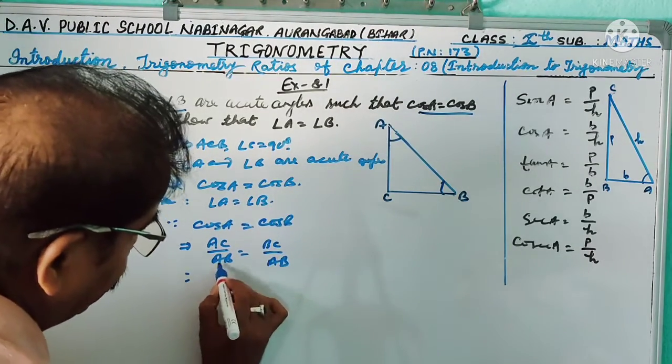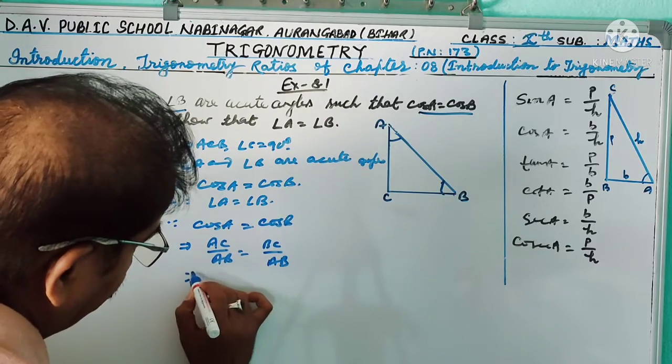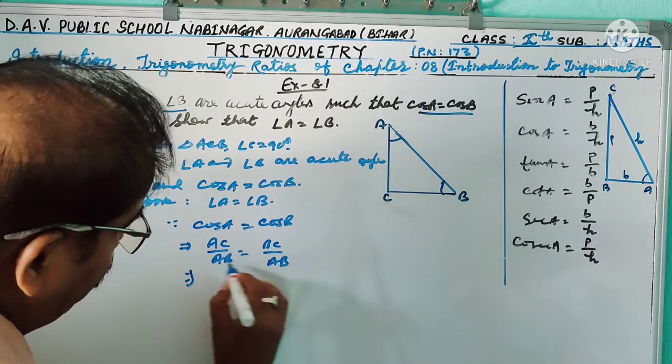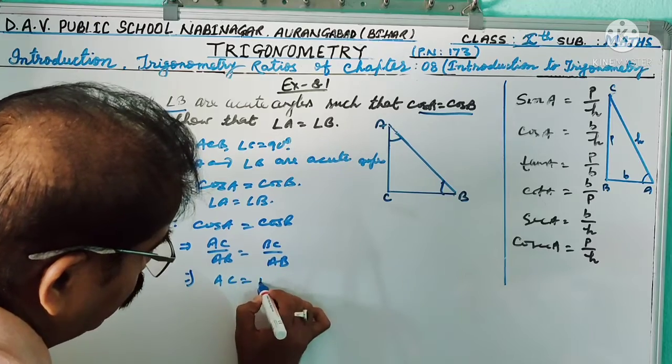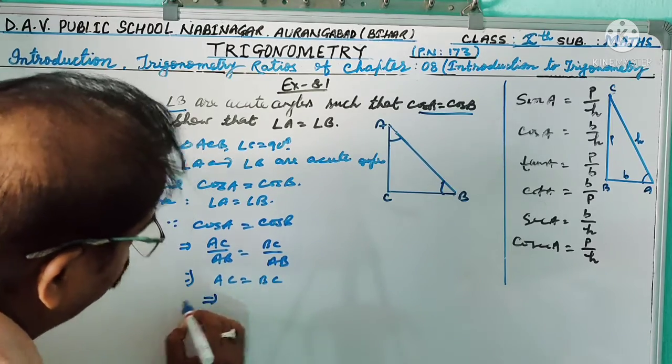AB cancel. AC by AB equal to BC by AB. So AC equal to BC.